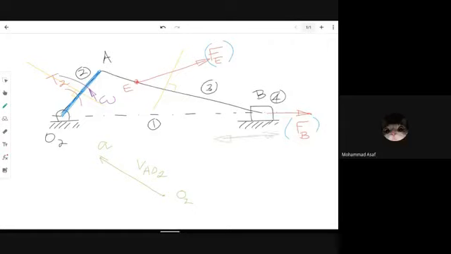This is the sliding direction. Since we have taken the angular velocity omega in anti-clockwise direction, the direction of the slider should be taken towards the left. Hence, from O2, I'll draw a straight line towards the left. I don't know the length, hence I'll draw it extended towards the left hand side.